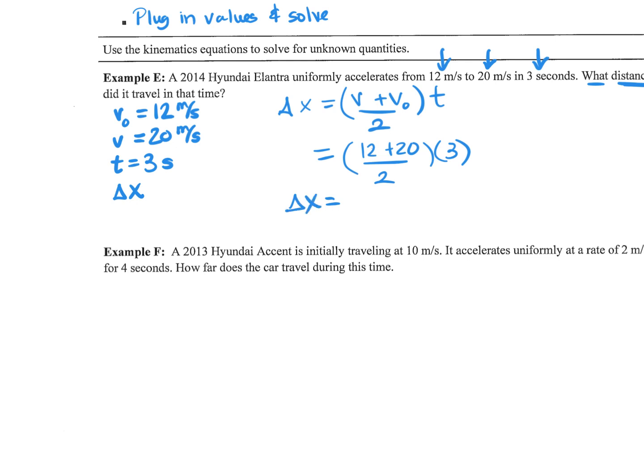Gives me a change in position of what? So that's 32 divided by 2 is 16 times 3 is 48. 48, and make sure you use units, meters, right? Our units in physics are meters, kilograms, seconds.